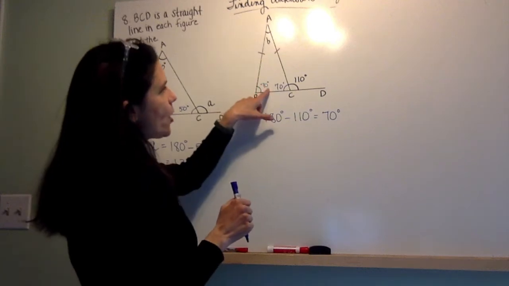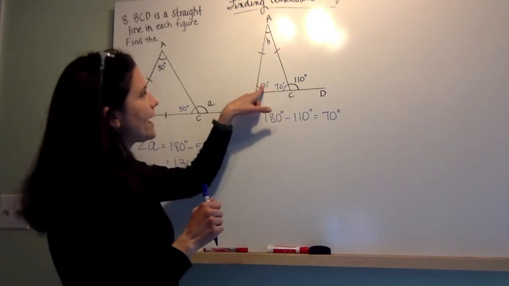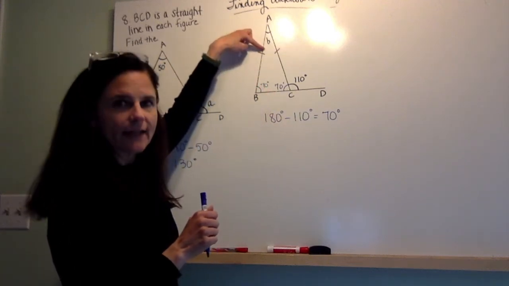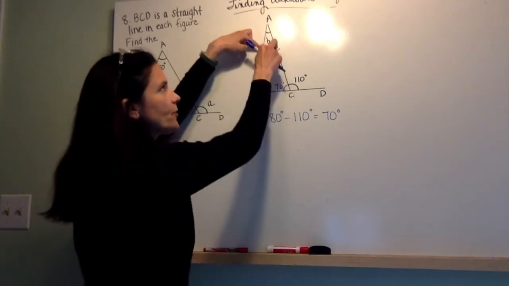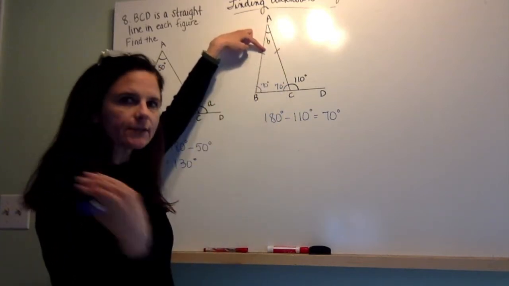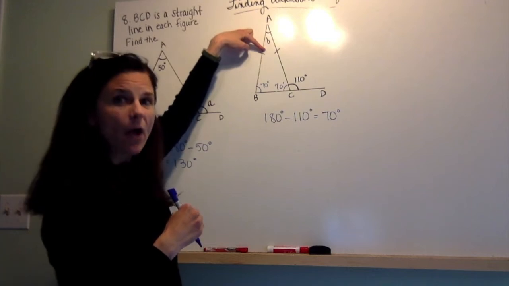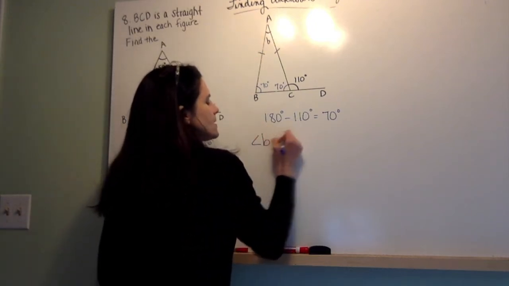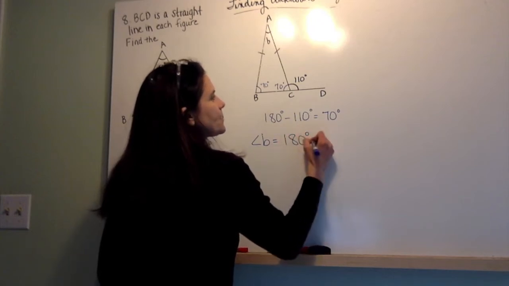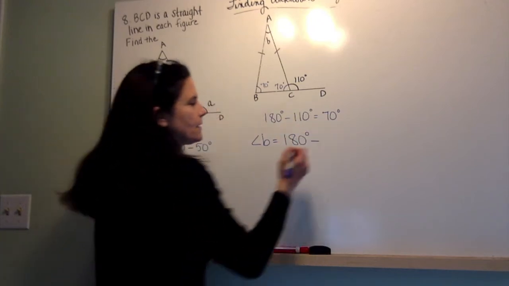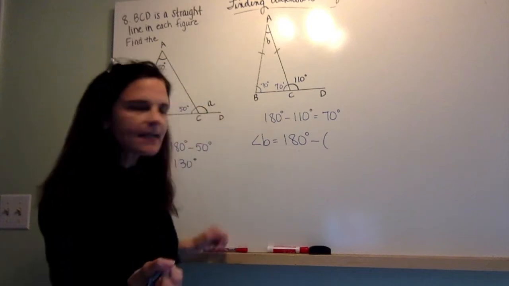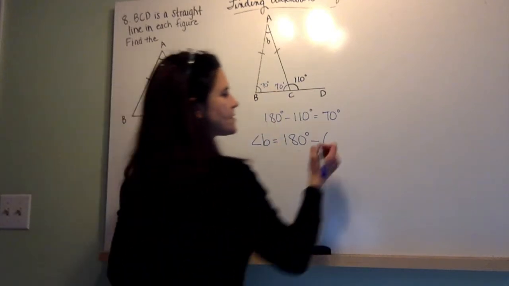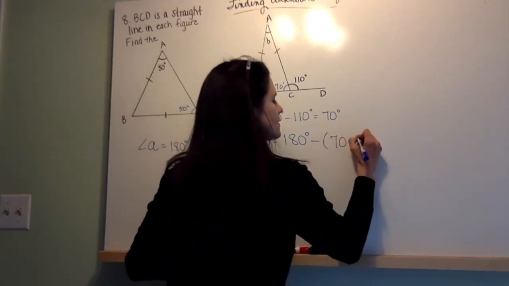So I already know the second angle of the triangle, and now I'm asked to find angle B. I have 2 of the 3 angles, and I know that they all equal 180 degrees, so now I can find angle B. Angle B is equal to 180 degrees minus, you can say 70 plus 70, or you can say 70 times 2, whatever works for you, same difference.